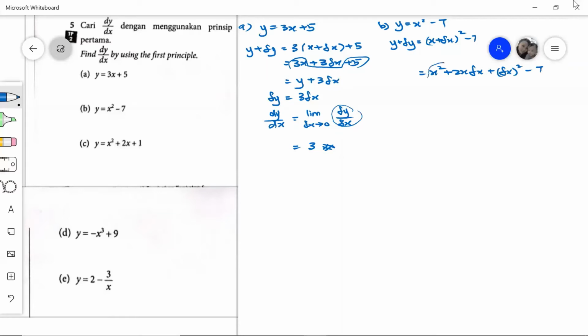And we know that x squared minus 7 is actually y. So y plus 2x del x plus del x squared. So obviously del y is 2x del x plus del x squared.